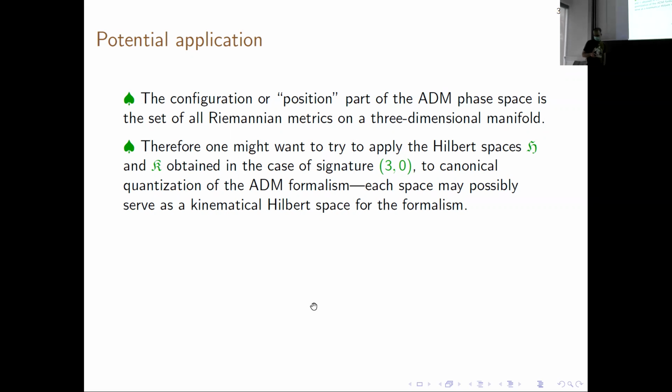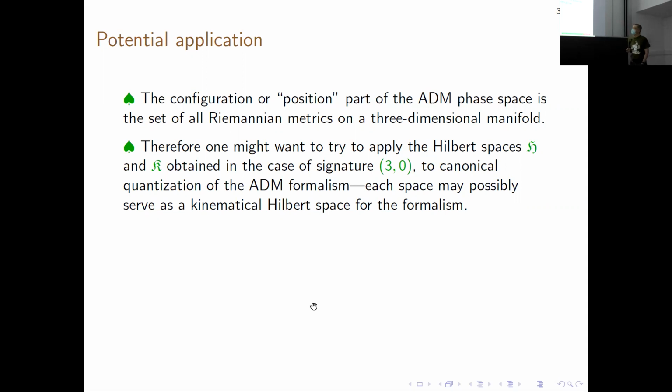What I mean here is that these spaces may serve as a kinematical Hilbert space for this quantization. And in fact, this application was my main motivation for this construction.